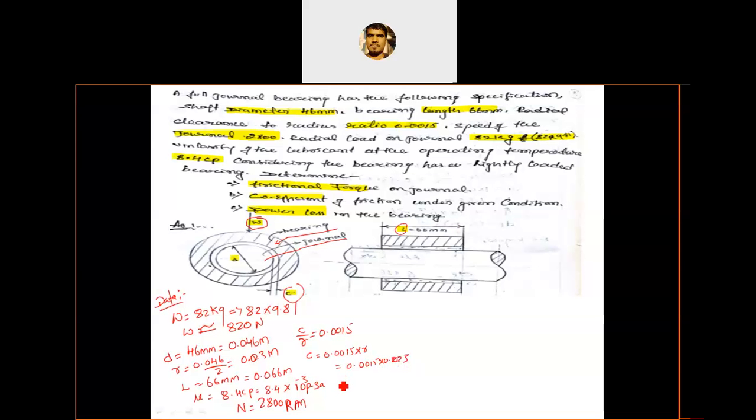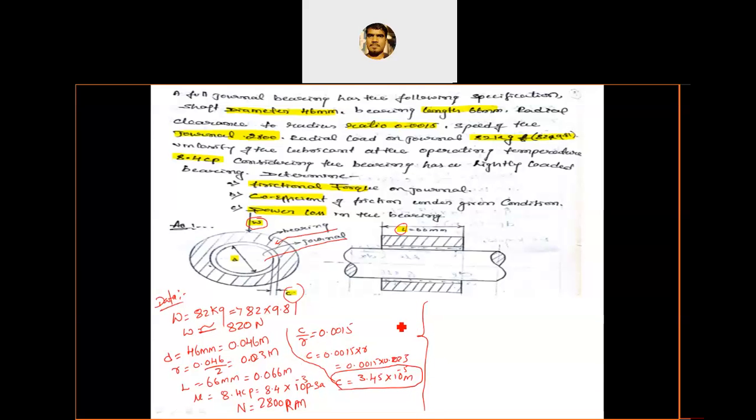That gives the radial clearance as 3.45 into 10 raised to minus 5 meter. By using the clearance to radius ratio, we got the value of C. So by using these data, you have to find the unknown quantities one by one.